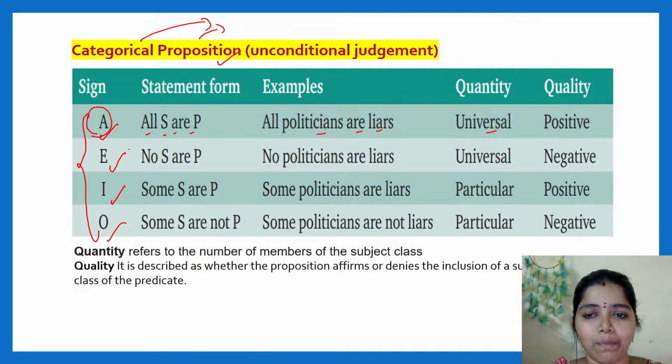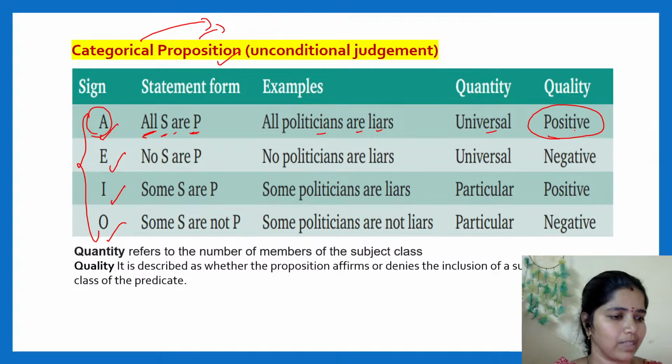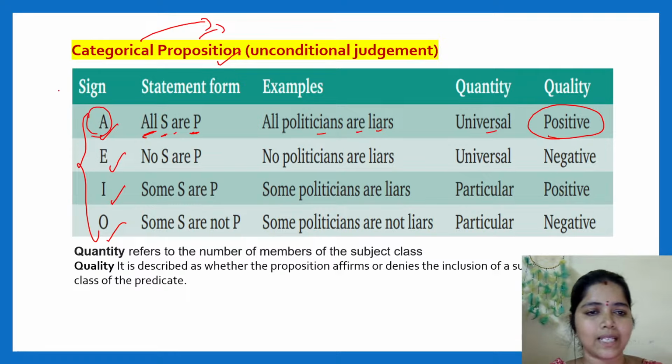See, only with the placements we have to think. The subject here, the predicate here. If all comes here, it is a universal, and there is no negative kind of statement, so that is positive. Clear? If you get the concepts very clear, it will be very easy for you.